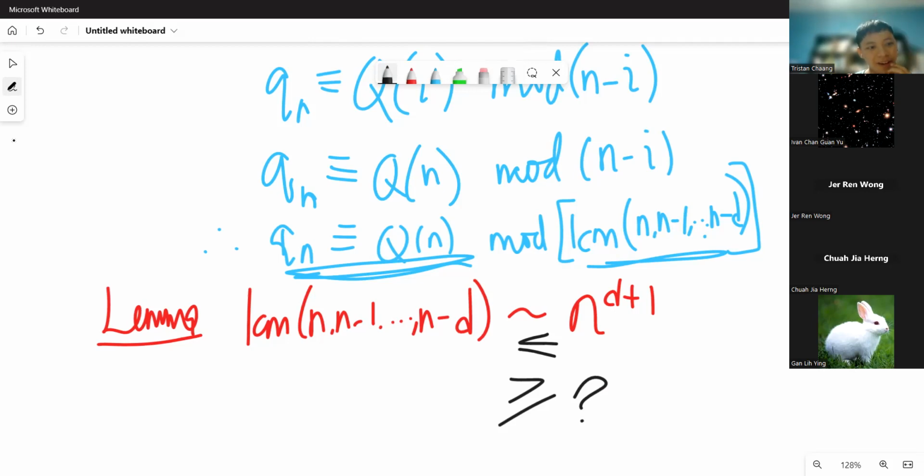Oh, okay, two terms. Okay, that makes sense. Yeah, so if you look at prime factors, primes that are larger than d can only divide at most one number inside here. So n minus 1 until n minus d, these d plus 1 numbers, they are almost co-prime in that sense, except for a few primes, right?